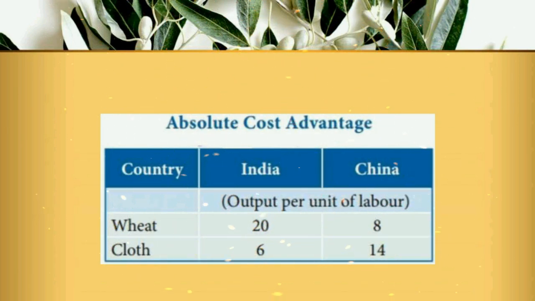On the other hand, China is able to produce 8 units of output per unit of labor of wheat and 14 units per unit of labor of cloth. Now we can see the absolute cost advantage of production of wheat is for India and the absolute cost advantage of production of cloth is for China, as it has the maximum cost advantage.